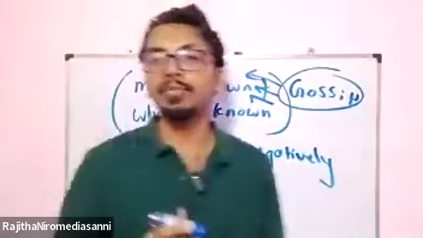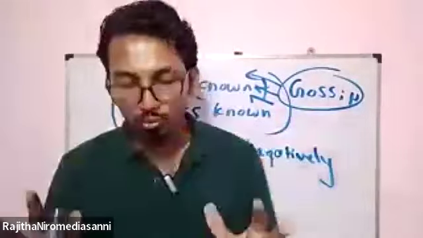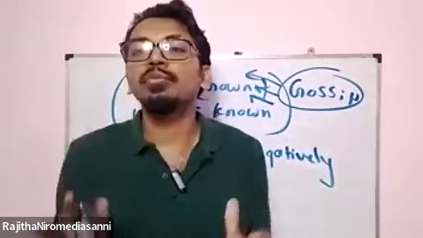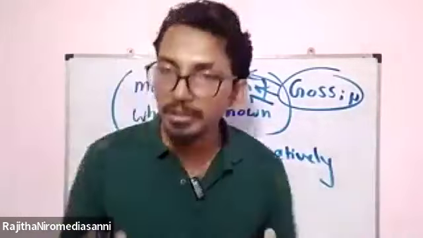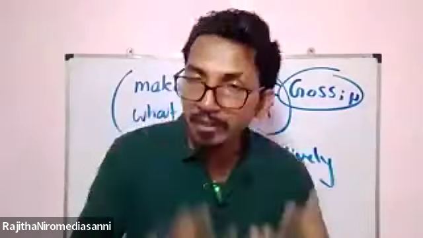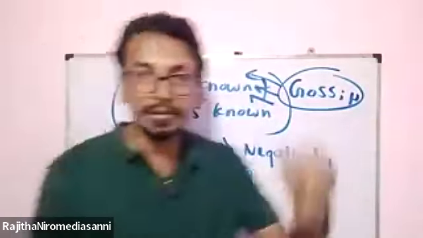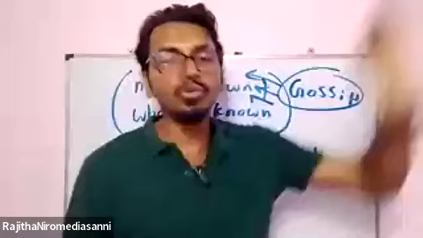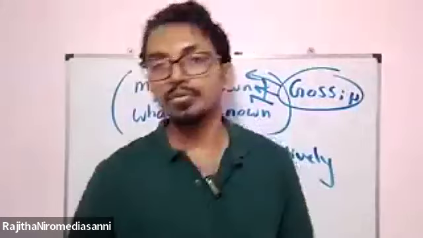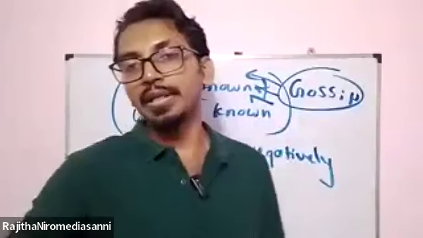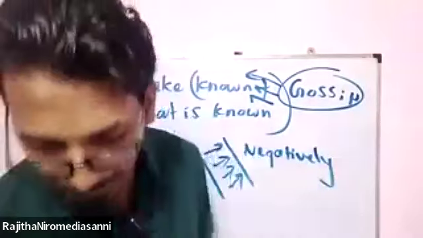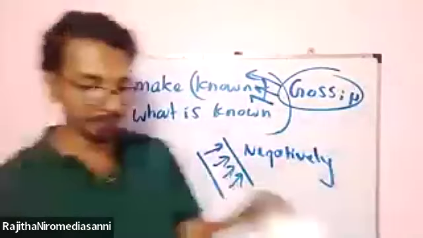So don't support that type of things. Make known what is known means if you know something logical, if you know something correctly, accurately, then you can share it with other people. No problem for that. Okay, right. Turn to the next.